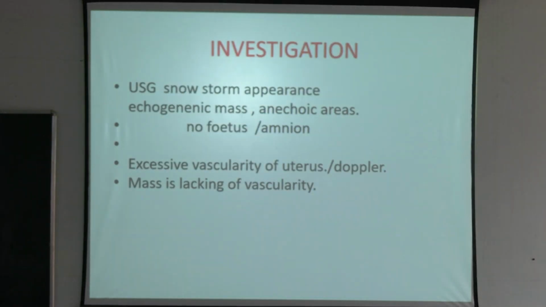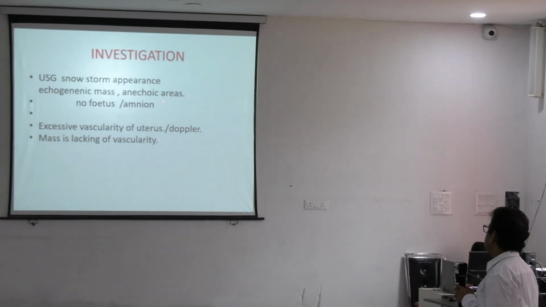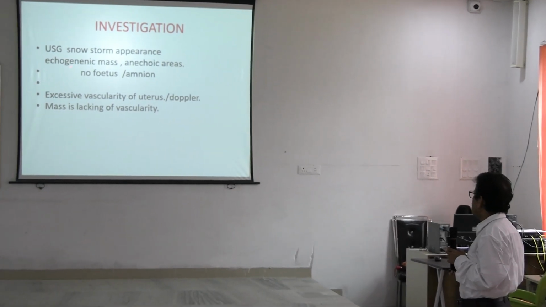So on USG there is a snowstorm appearance: an echogenic mass with anechoic areas, which are the cystic spaces. And no fetus, no amnion, no amniotic sac and no fetus. That means it is a complete mole. If an amniotic sac and fetus are found along with the snowstorm appearance, it will be a partial mole, but this is the picture of a complete mole.